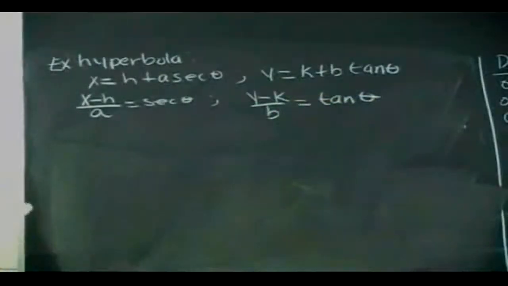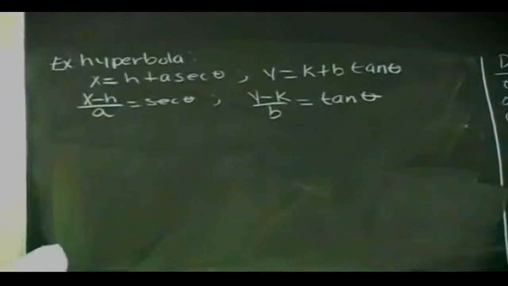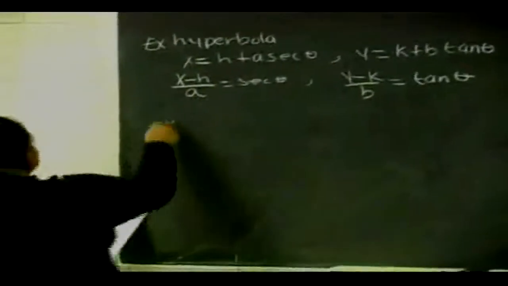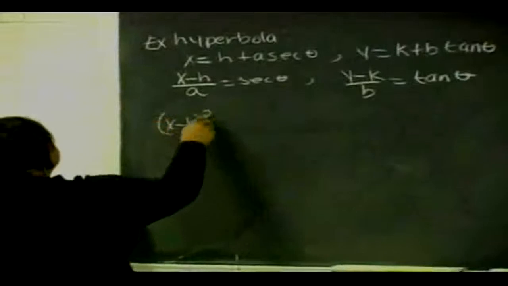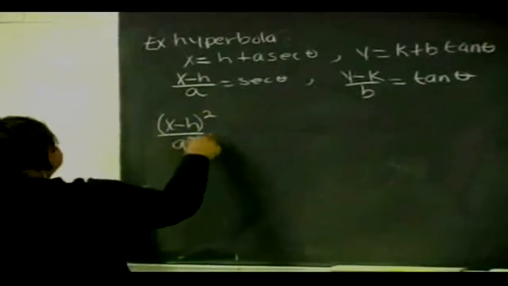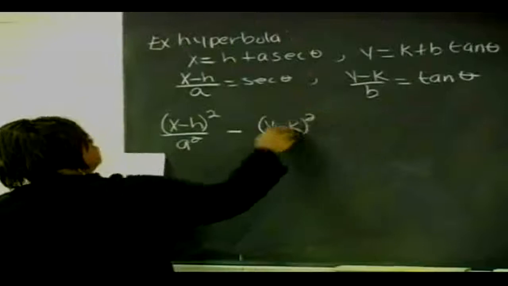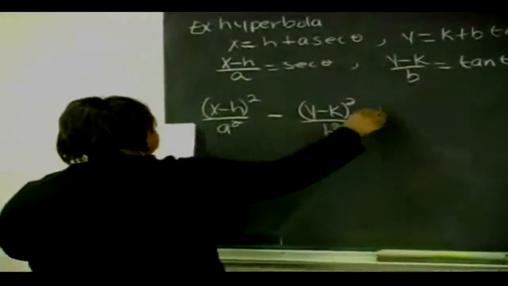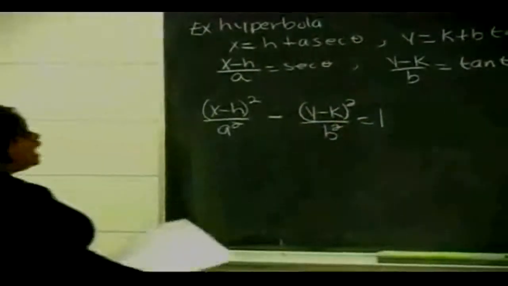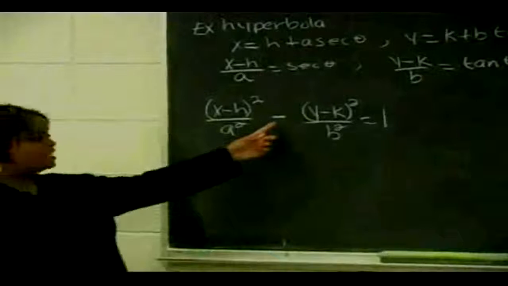Now, I have that secant squared minus tangent squared is 1. So what's my secant squared? (x minus h) squared over a squared, minus my tangent squared, (y minus k) squared over b squared, equals 1. And that is the hyperbola because it has that negative there.